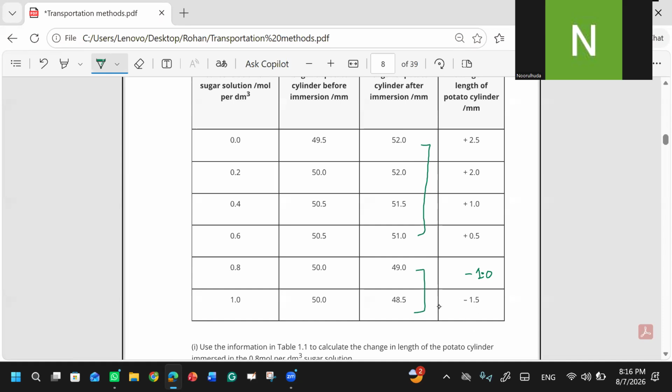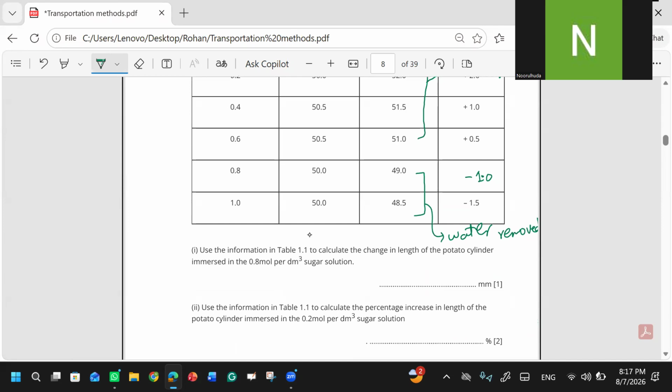Are you getting this? In all these, because the length is increased, it means water entered inside. That's why length increased. In this, water is removed from the original cell, okay? Clear? In all of these, osmosis is happening.